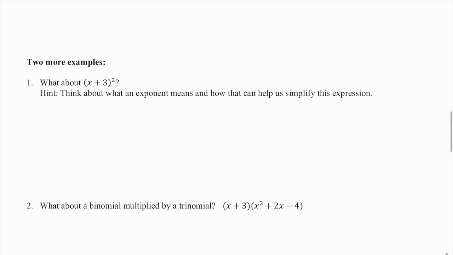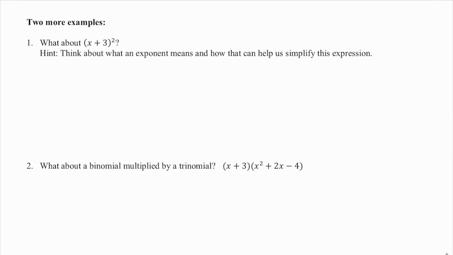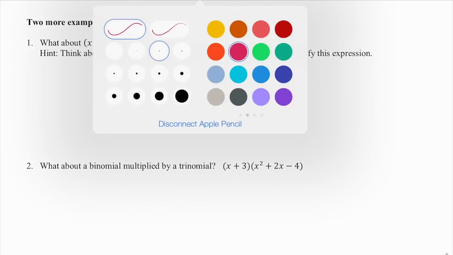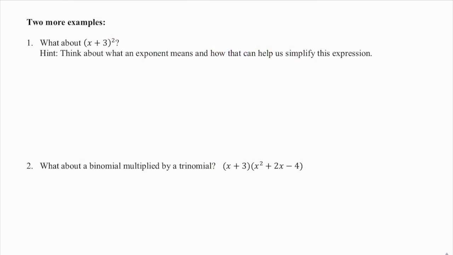Okay, so your last 2 examples. It's important that we show you different ways that binomials can be expressed. So here we have x plus 3 squared, and we need to remember that an exponent means, for example, 3 squared means 3 times 3, or x squared means x times x.